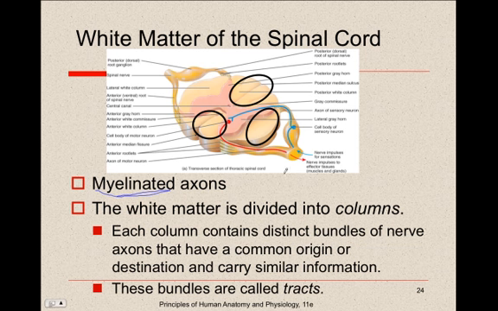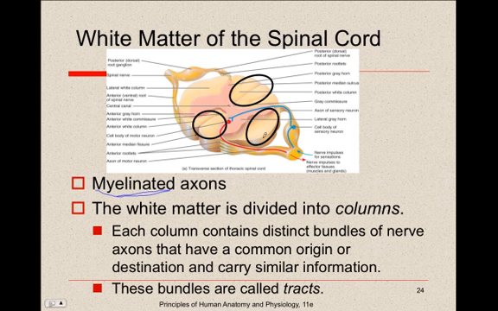And we call these bundles tracts. They're literally like tracks of neurons. So you can think of them as literally tracks of either sensory neurons bringing information to the brain or motor neurons carrying information out. So again, tracts are basically these highways for nerve conduction.